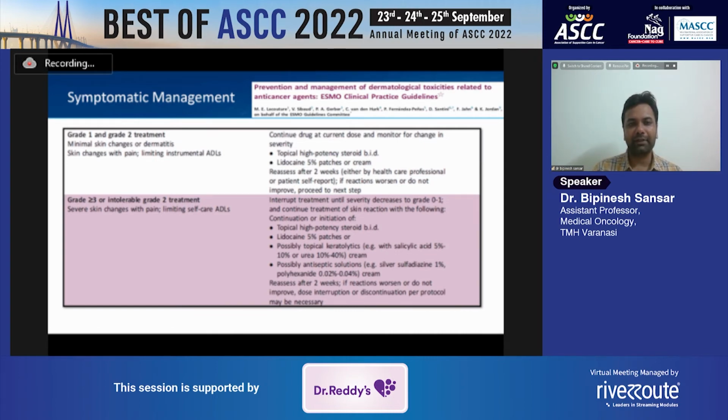Also, for grade 2 and grade 3, the indication for which the chemotherapy is being prescribed, the necessity of that, and any possibility of dose reduction have to be considered. And after 2 weeks, if the symptoms do not improve, then dose interruption or discontinuation as per the clinical scenario may be required.